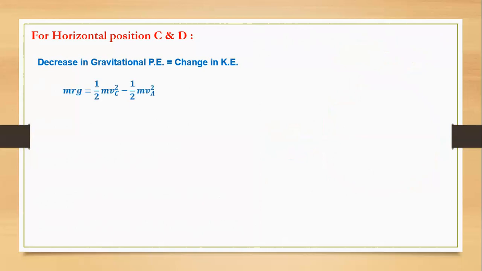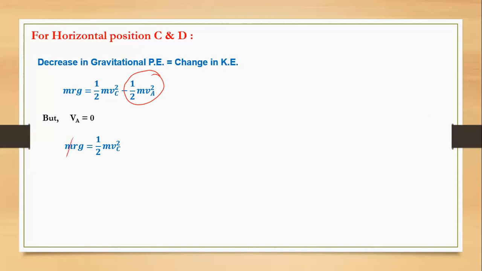Decrease in gravitational potential energy is equal to change in kinetic energy. Now we substitute va as 0, and take 1 by 2 m common. When we substitute va as 0, that term gets cancelled, and we get mrg is equal to 1 by 2 m vc square.